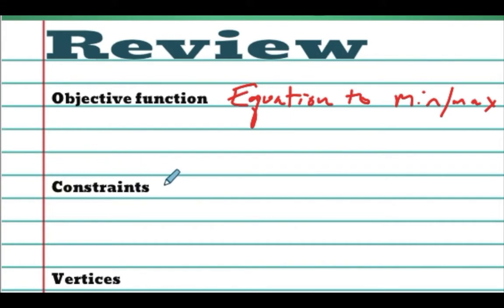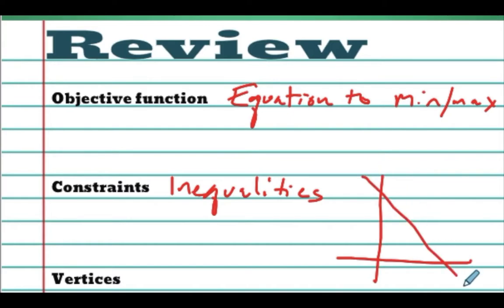Constraints were the inequalities that we have based on the scenario. So whatever the scenario is about, the inequalities are the things that you're going to graph to create this polygon region of possible answers. Now the corners of those inequalities, so once we graph, we have a picture that looks something like this, and we have this shaded region.